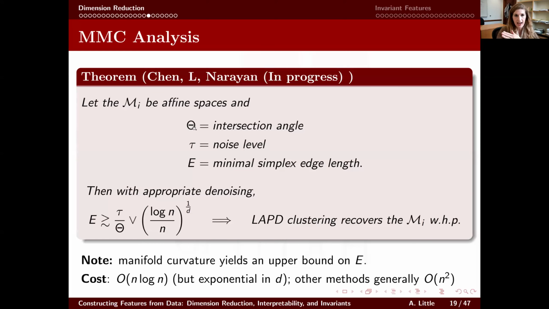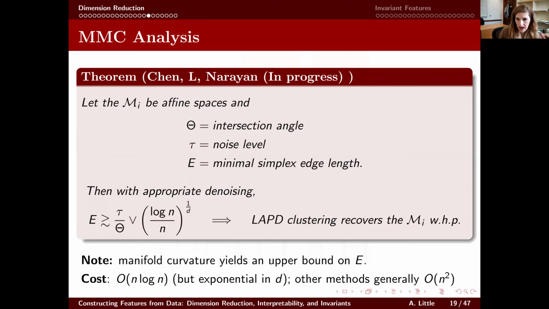But say you have linear manifolds which intersect at an angle theta, and tau is the noise level, so you assume you have observations from these manifolds plus noise. A really critical parameter here is the scale at which you do this computation. Think of epsilon here as being the typical edge length of these simplices.